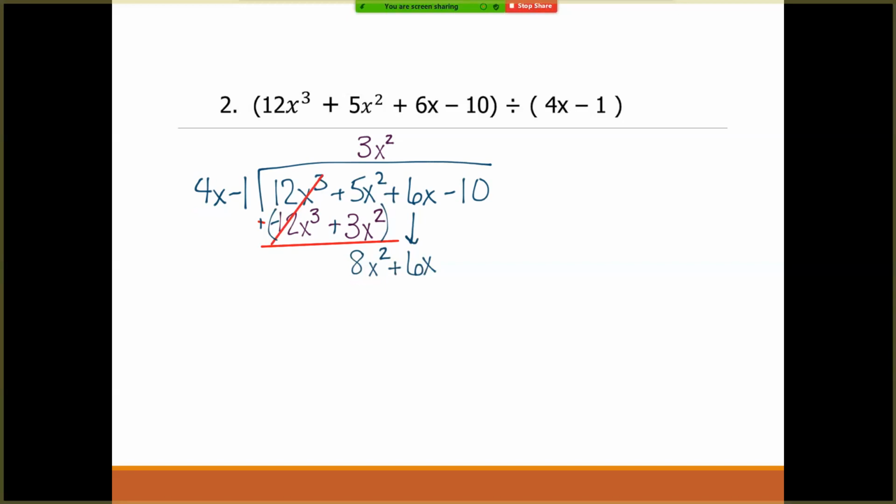So 4 times 2, positive 2, gives me 8, and x times x would give me x squared. So 2x goes up top because 2x times 4x will give me the 8x squared that I'm looking for. But then I also have to take the 2x times the negative 1, which gives me negative 2x.